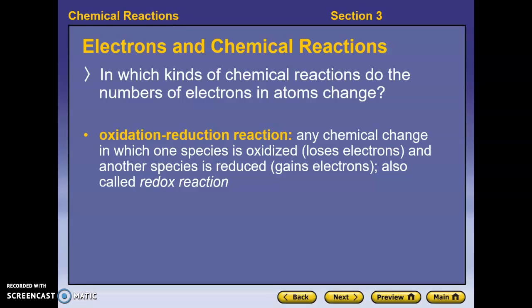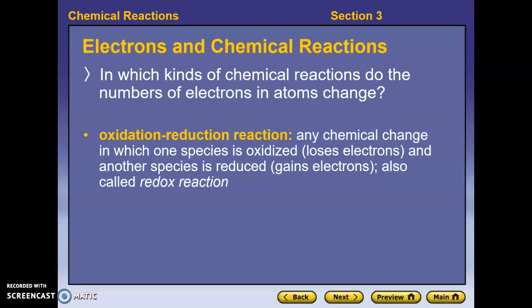Now, for me, it is very hard to remember that losing is oxidized and gaining is reduced, because gaining doesn't seem like any kind of reduction to me. Those words don't seem to make sense together. So I learned this with a phrase, Leo says ger.